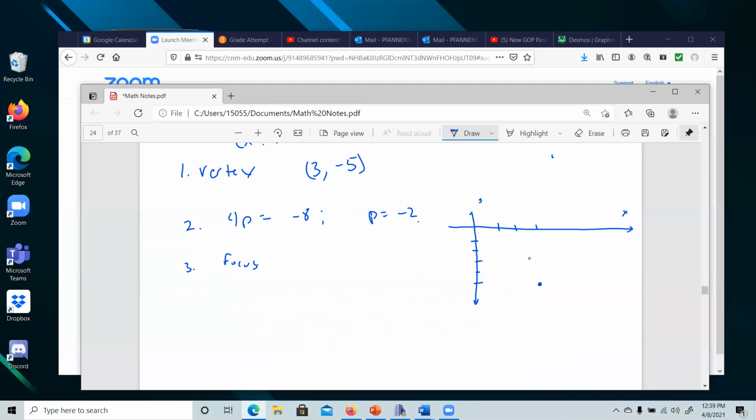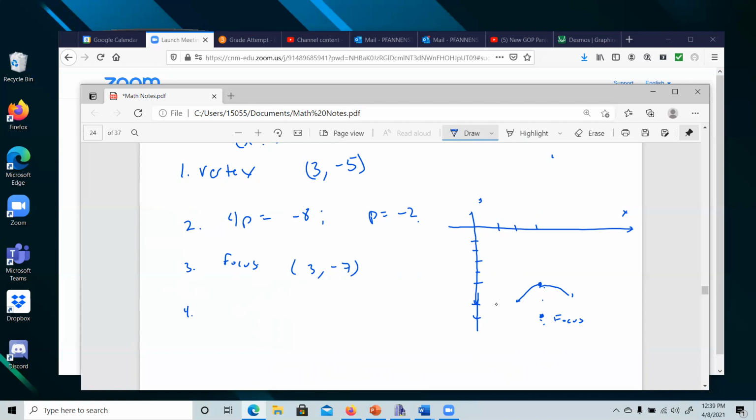Okay. So our focus is going to be 2 units from the vertex, right in the center of where this parabola is going to be. So we're going to have something like this. So my focus is going to be here. Where is that? Okay. So that's x is equal to 3 still, right? Y is equal to negative 5, negative 6, negative 7.